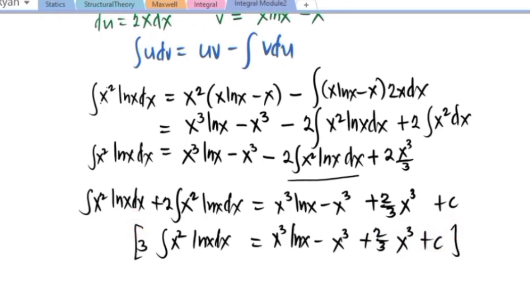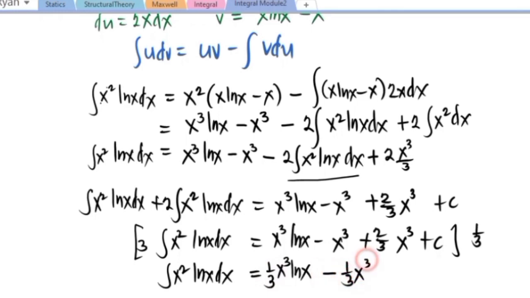So we multiply everything by 1/3, and we have x squared ln x dx is equal to x cubed ln x multiplied by 1/3 minus 1/3 x cubed plus 2/9 x cubed plus c.